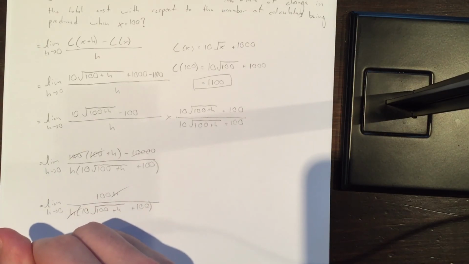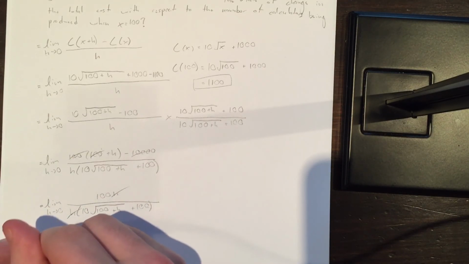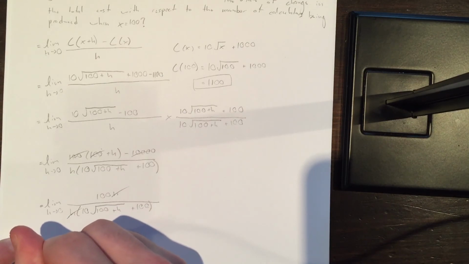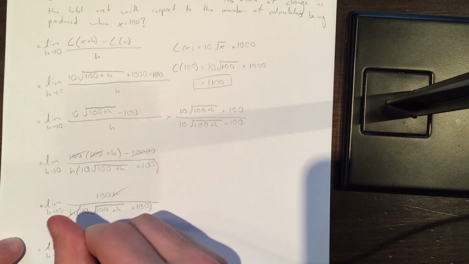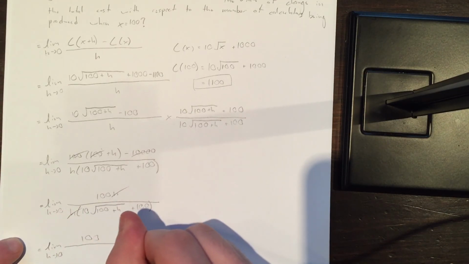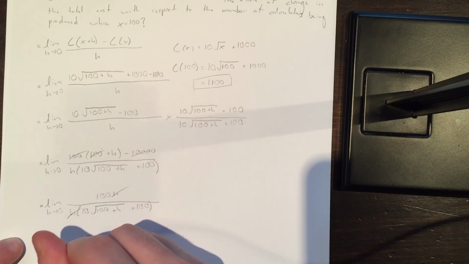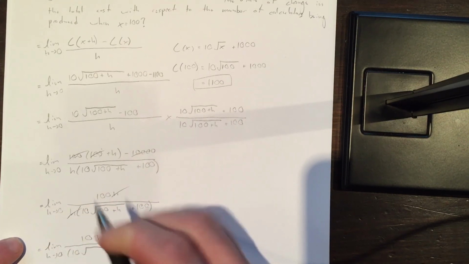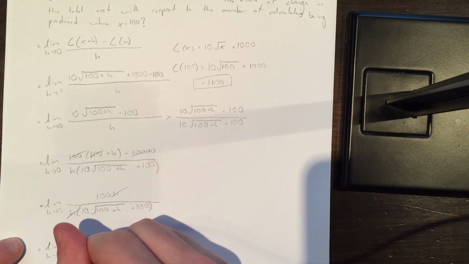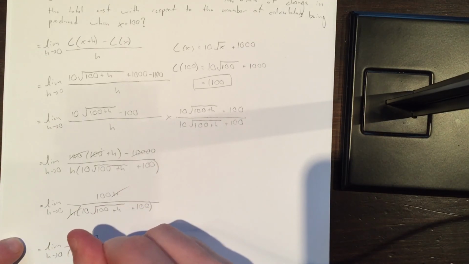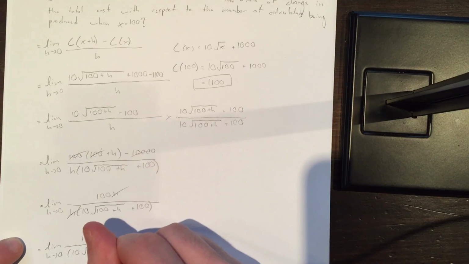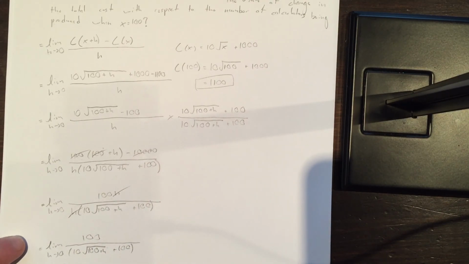Right, so now we have the limit as h approaches 0, simply 100 in the numerator, and in the denominator we have 10 square root 100 plus h plus 100.